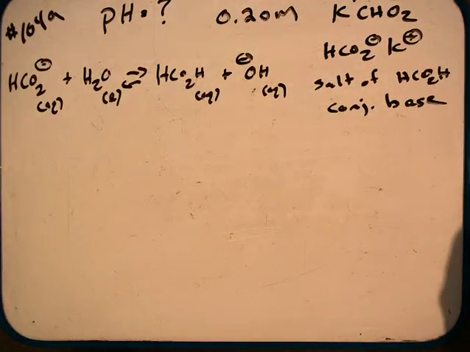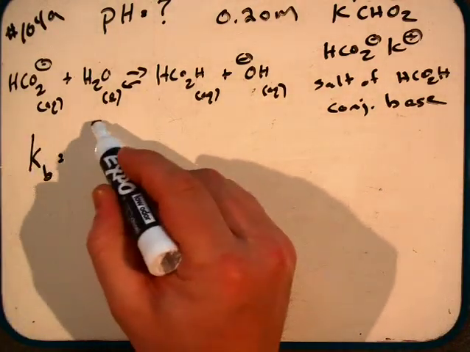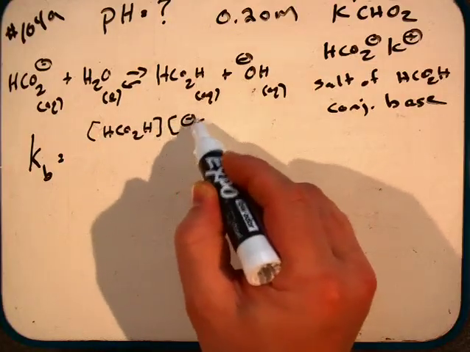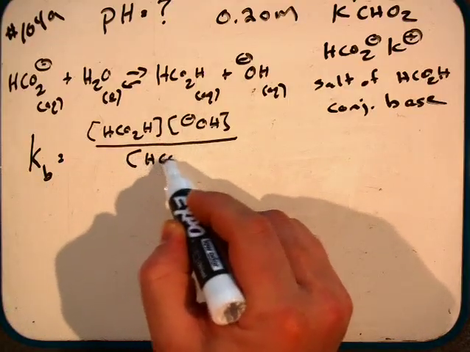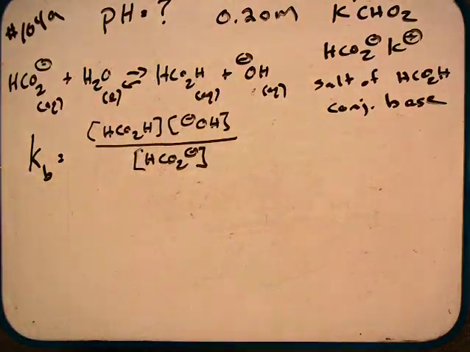So it acts as a base, and so that means we have a Kb, which would be equal to our products over our reactants. And so ultimately we need to figure out hydroxide concentration. Once we figure out hydroxide concentration, we can determine H3O plus concentration and then get at pH.